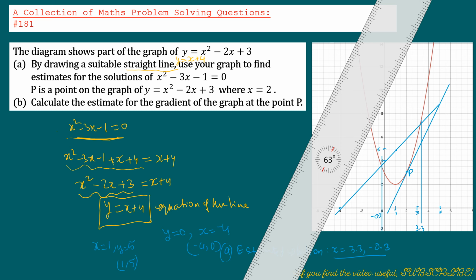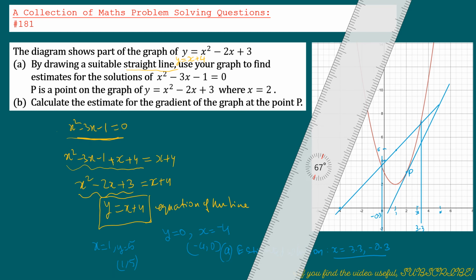So now if I have to find the gradient, this is this bit.